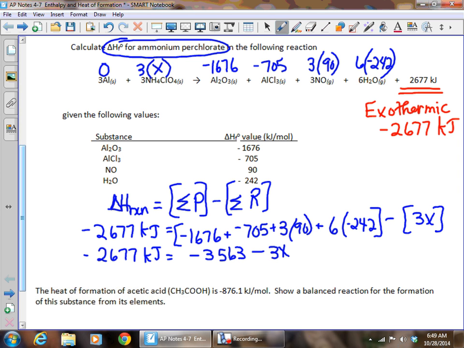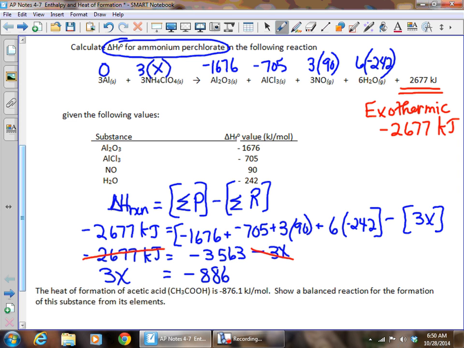When I add that 3x to both sides, it's going to cancel over here and appear over here. I'm also going to add the 2,677 to both sides, which is going to cancel it on this side. And if I add 2,677 to the right-hand side, I end up with negative 886 for my value. That's for 3x.